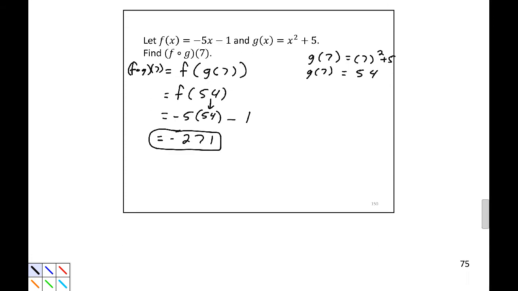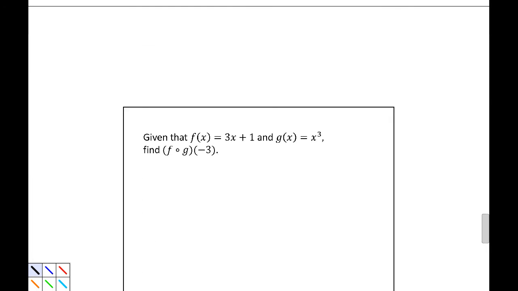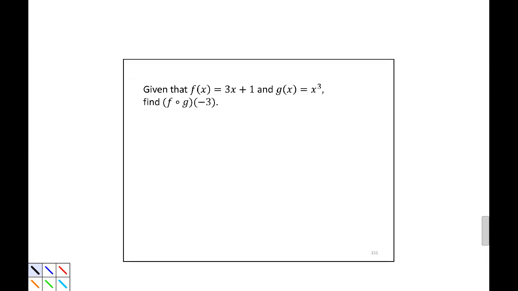Let's move on to another example. Given that f of x equals 3x plus 1 and g of x equals x cubed, find f of g of negative 3. Again, I'm going to write this as f of g of negative 3. So let's find g of negative 3. That would be negative 3 quantity cubed, which would be negative 27.